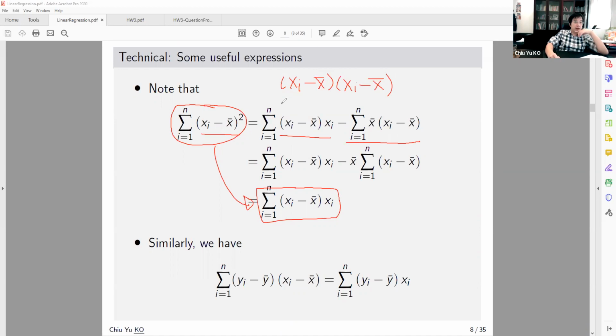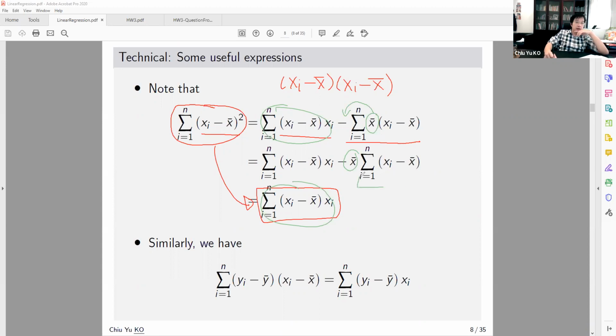You can see at the end, only this part remains. Why is that the case? This x bar is independent of i, so you can take it out. And here is the sum over all the data points of the difference from x bar, the mean. So this must be 0.